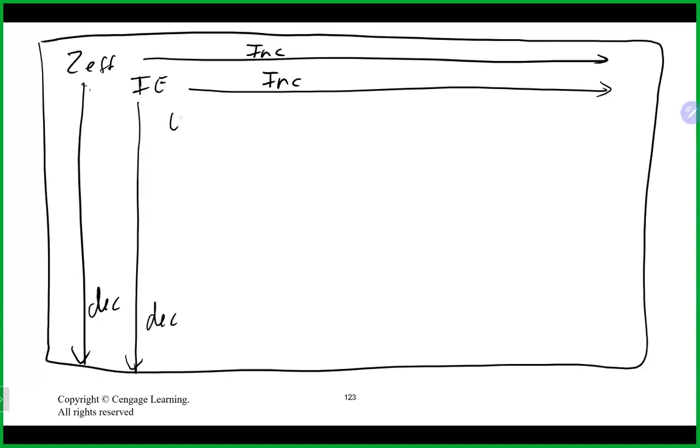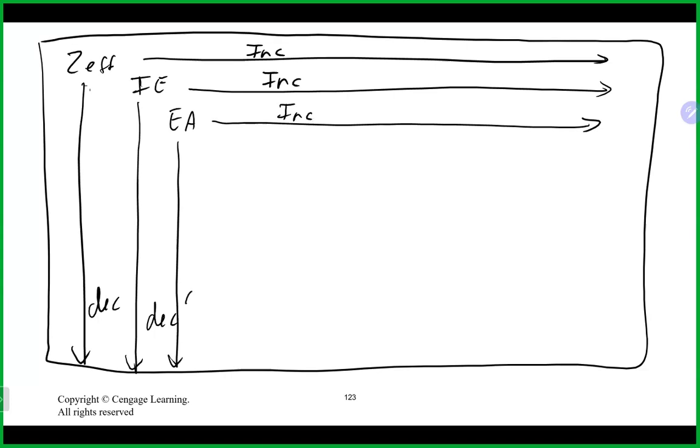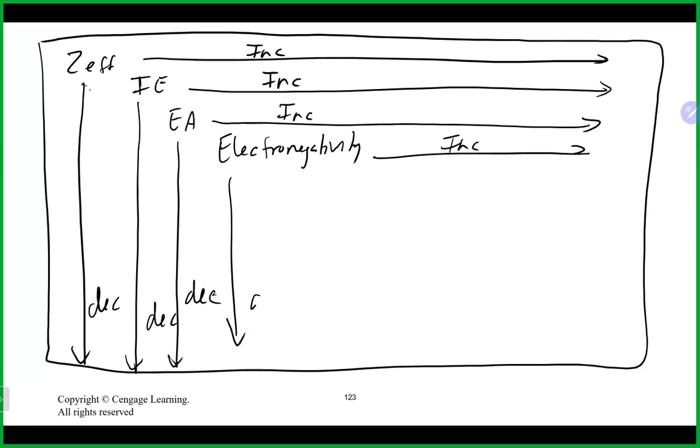We did electron affinity, increasing as you go this way, decreasing as you go this way. We did electronegativity, increasing as you go up and to the right, decreasing as you go down. And lastly, our size, our radius, actually decreasing as you go this way.